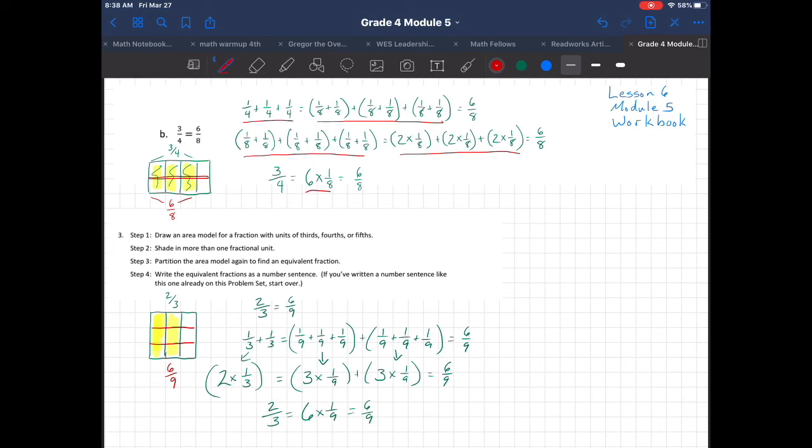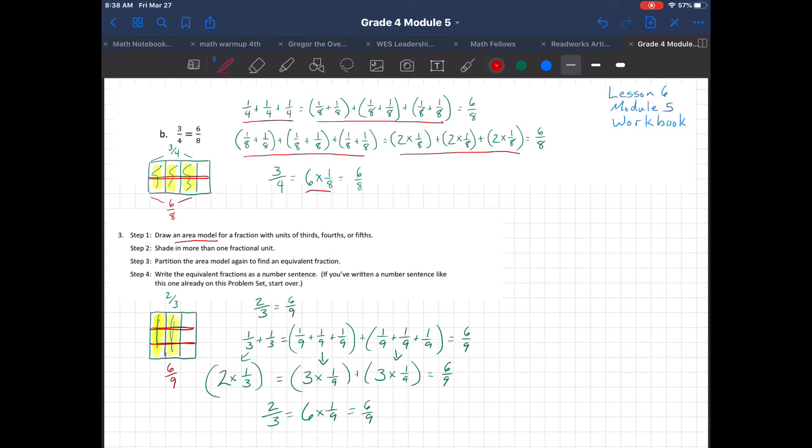Number 3 asks you to draw an area model, and you get to choose. So if you did not do the same thing I did, don't worry, because you got to choose what it was. I drew my area model using thirds. So these were my thirds. Then I drew the extra lines to make it into 6/9.